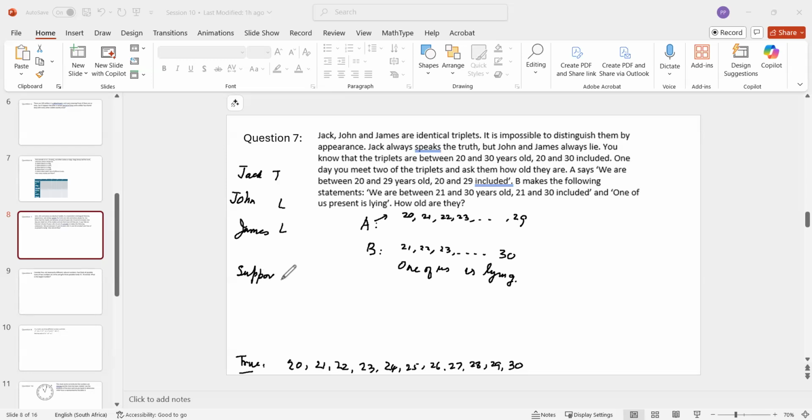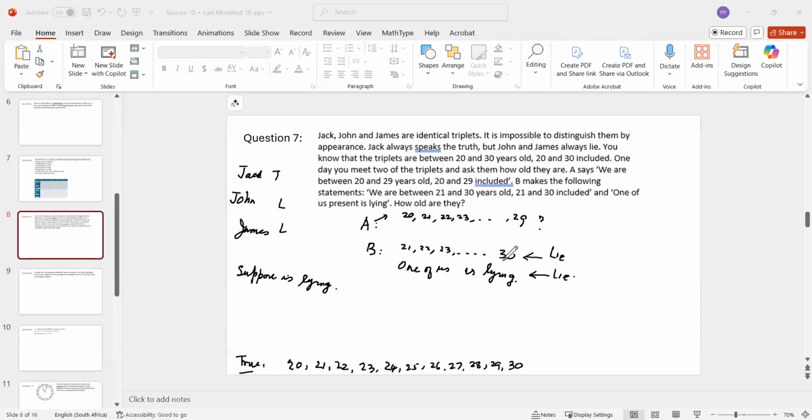If we can come to a contradiction, then something which is impossible. Now we are saying B is lying, so this is a lie, and this is also a lie. We don't know about that one.